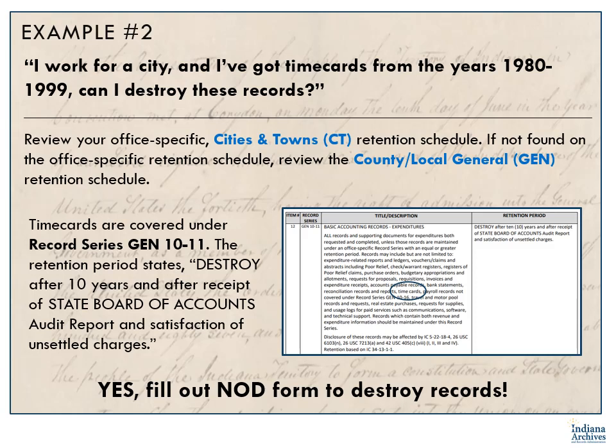The retention period states, destroy after 10 years and after receipt of State Board of Accounts audit report and satisfaction of unsettled charges. So yes, this city could destroy these time cards from 1980 to 1999 if they have had a State Board of Accounts audit and it has been 10 years. So they would fill out a notice of destruction form to destroy these records.